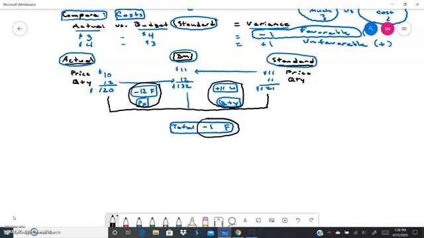So maybe it didn't have anything to do with our purchasing group's expertise. In fact, maybe the price fell even more than $1 and our purchasing group did not do a good job. They should have got it for even cheaper. So there are a lot of explanations there that need to be understood better.